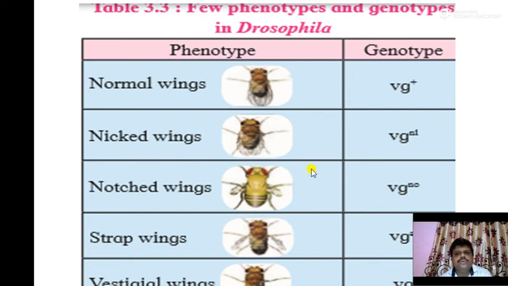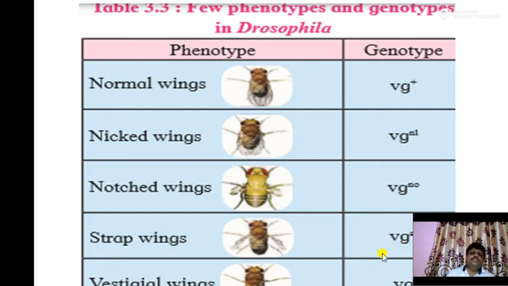So this particular Drosophila shows different types of wings, and the genes responsible for this pattern are VG plus for the normal wing, then VGNL for the nicked wings, then the VG. These are multiple alleles of the wild type, original one, after mutation. Then the VGNO, that is the notched, then the strap wing, and then the vestigial VG.